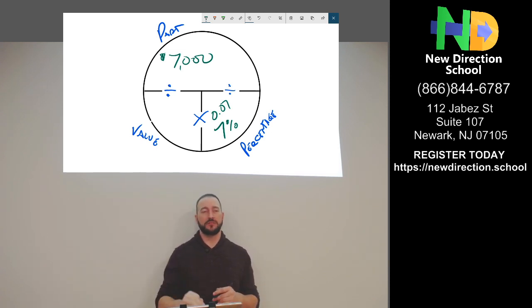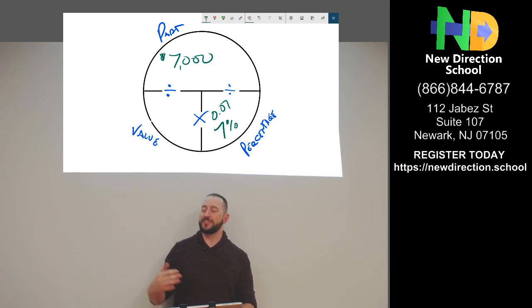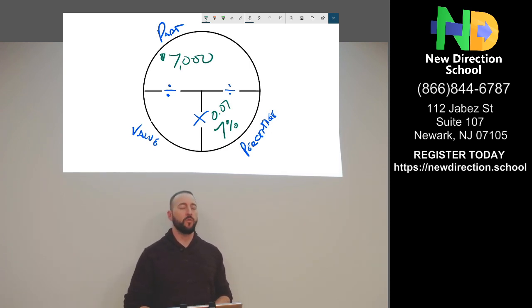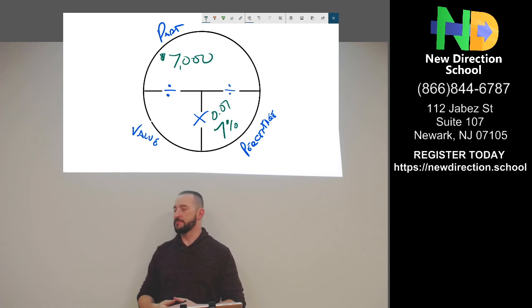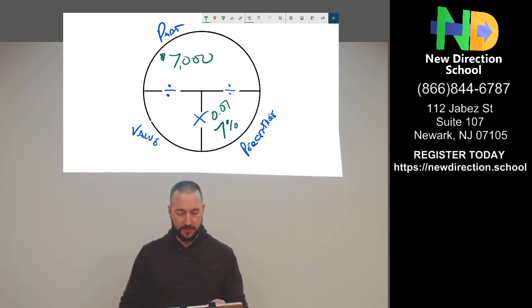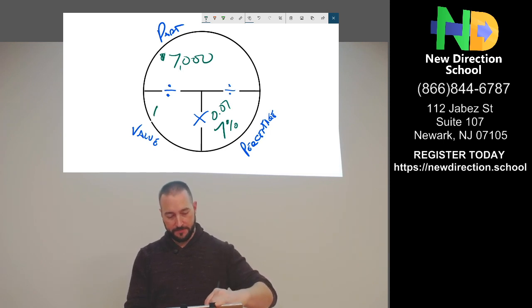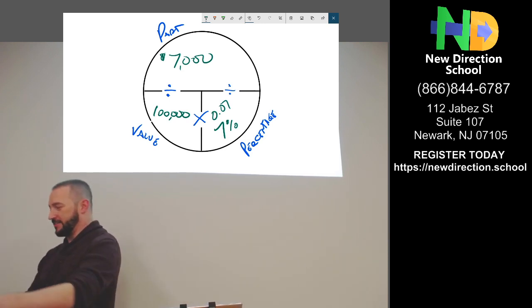What if the question was, a broker is to receive $7,000 commission after charging a 7% interest rate. What was the sales price of the house? Well, number on top, number on the bottom, what do we do? Divide. 7,000 divided by 0.07 or 7%. 100,000. Well, we know the answer. I just want to make sure your calculators work.